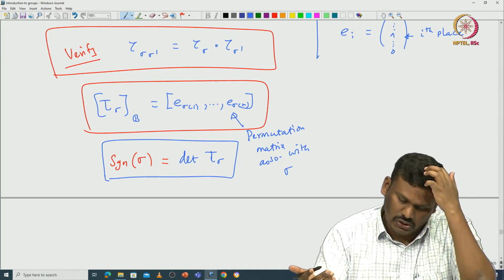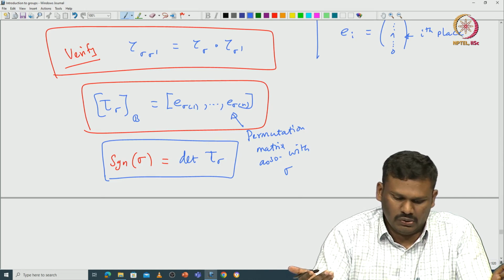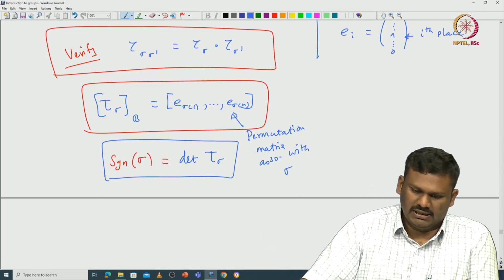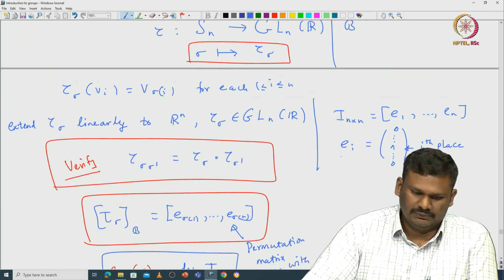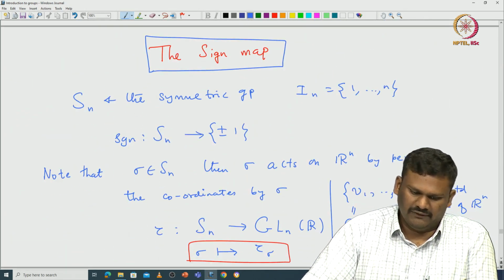I will also mention some other way of defining this sign map, using some other identities. But anyway, let us first see what Dummit and Foote does. This is the way we actually defined it.